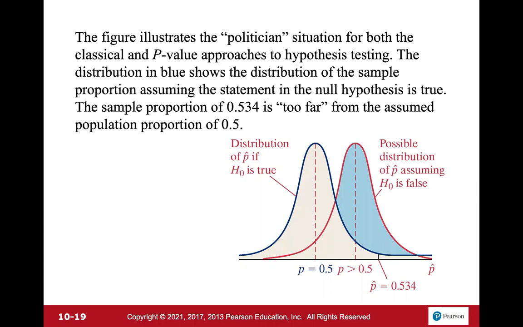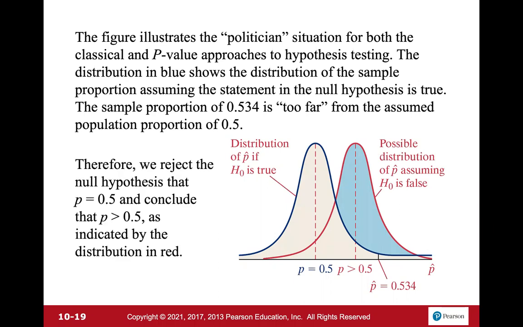The sample proportion of 0.53 is too far from the assumed population proportion of 0.5. So therefore, we would reject the null hypothesis at the 0.05 level and conclude that p is greater than 0.5, as indicated by the distribution in red.